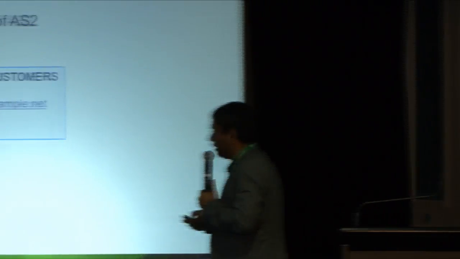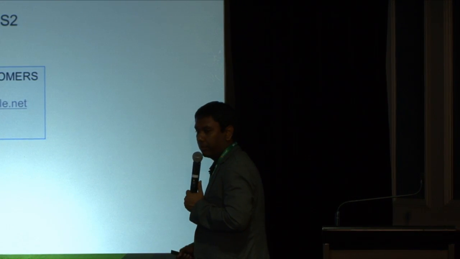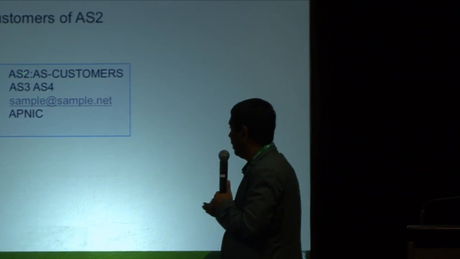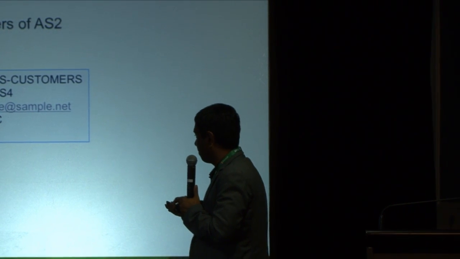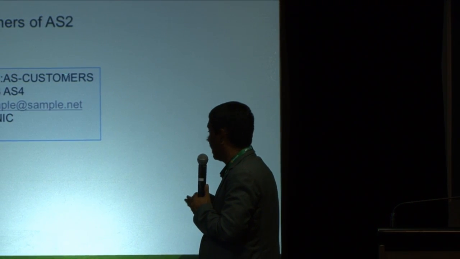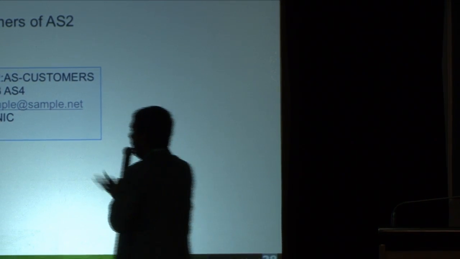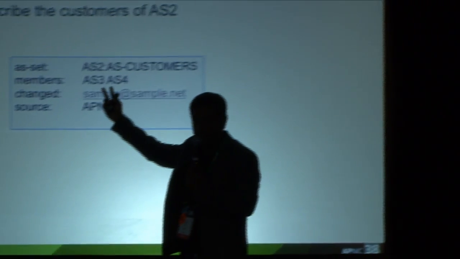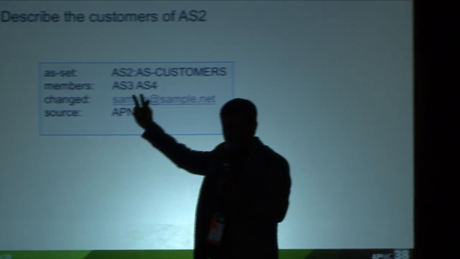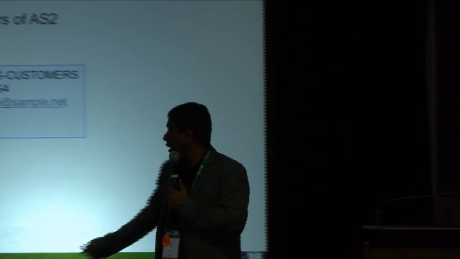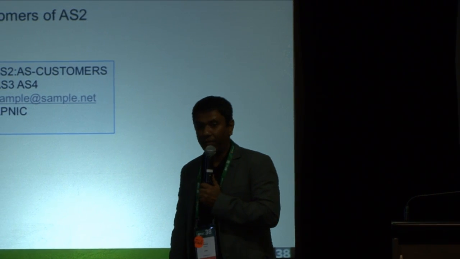That is the AS set object for AS2. So what he is doing, my AS set name has a standard syntax that you need to follow. The name has to start with the name of the AS and AS customers. And then as members, you have your own customers' names. Right? Currently, if you have 2 AS numbers as your customers, you add those into the AS set object.